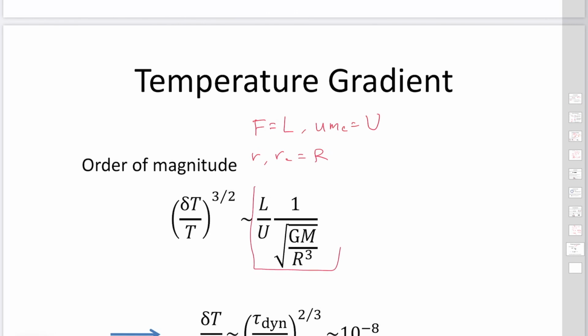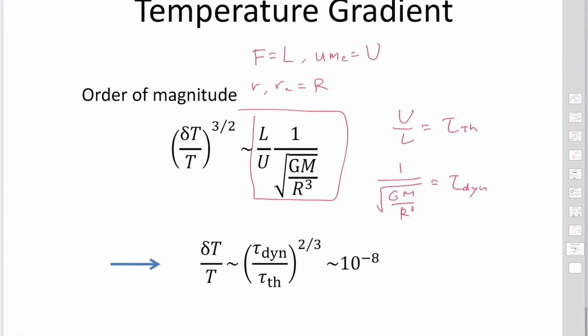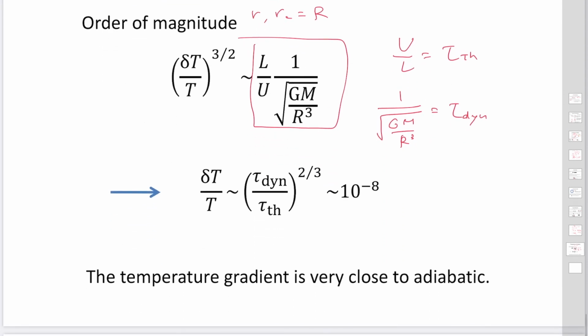Then we have these equations, and U over L is the thermal time scale, and 1 over the square root of Gm over R cubed is the dynamical time scale. So delta T over T is expressed as the ratio of the dynamical time scale over the thermal time scale.